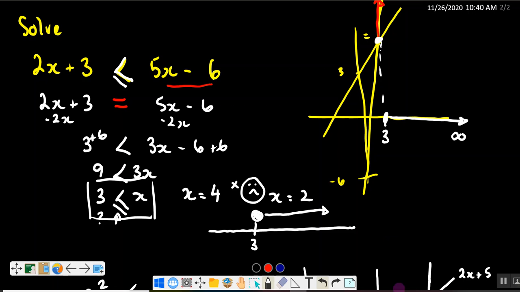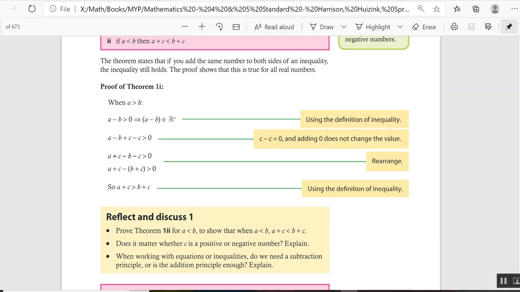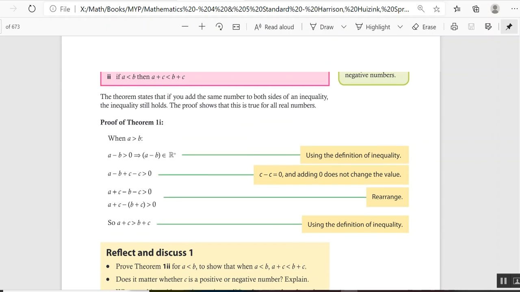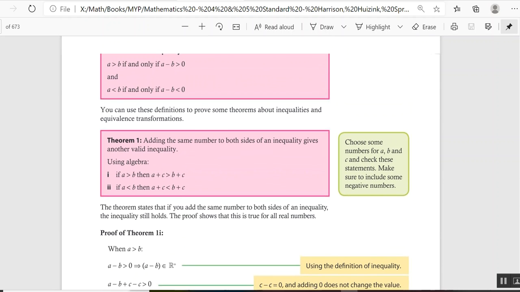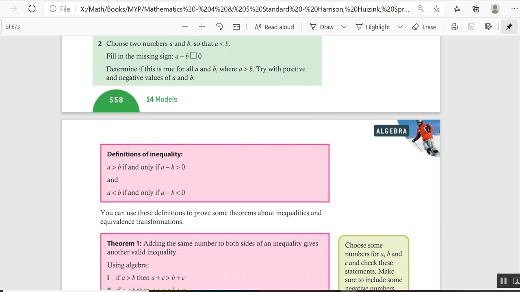All right, so in the textbook, this is M1. In the textbook, to start with, you've got all these little rules about inequalities. If A is greater than B, then A subtract B is greater than 0. Basic number work. So you can go through.